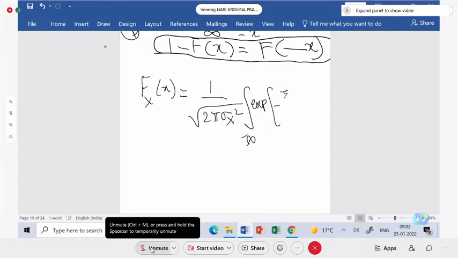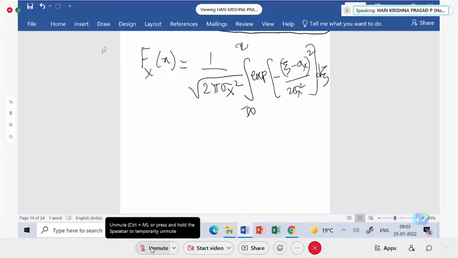Minus xi minus ax whole square by 2 sigma square dx d xi. Now the independent variable is xi. When we substitute the limits, it should result in x. Fine.